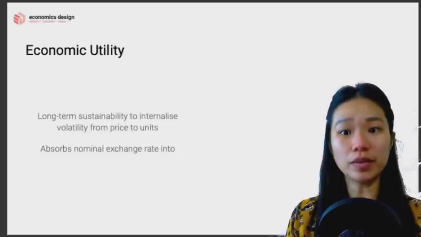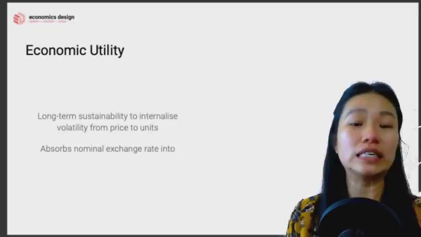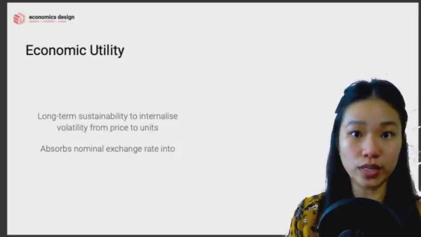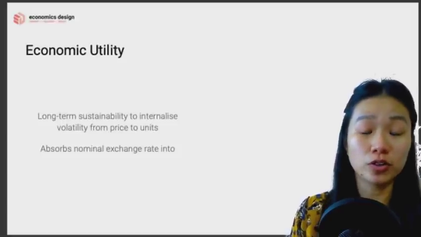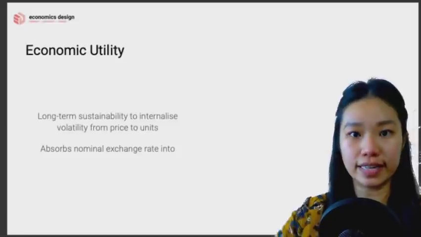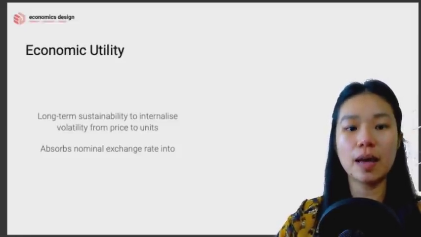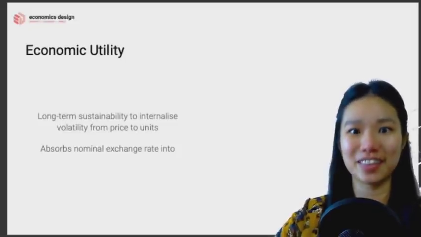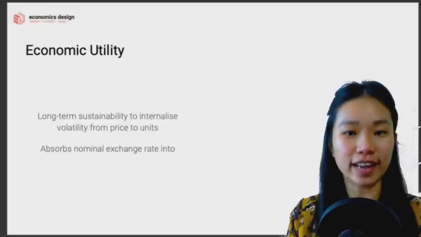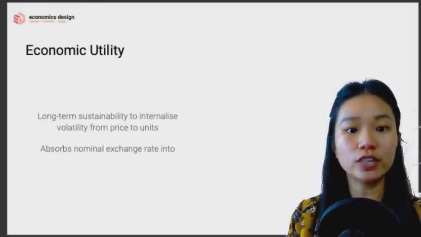The system of AMP is that the value of tokens will more or less be the same. So if I buy a chocolate bar for 1 AMP token, 50 years later it will still be 1 AMP token, unless the value of the goods itself has inflation. But let's not go into that because that's another economic downward spiral that we can spend a lot of time talking about. Secondly, with economic utility, it absorbs nominal exchange rates into the system.